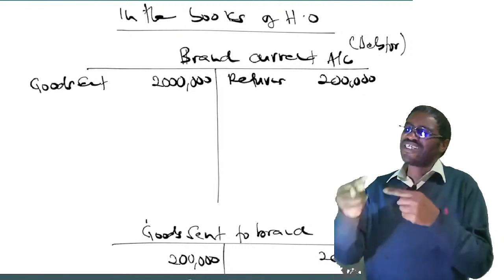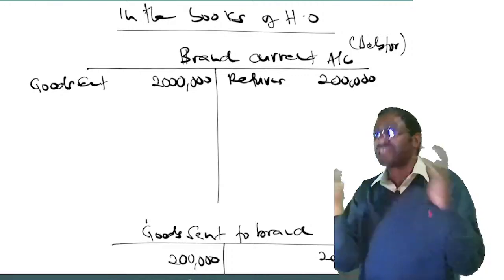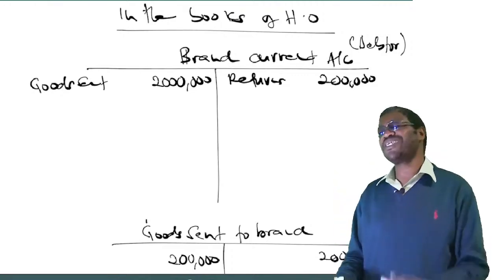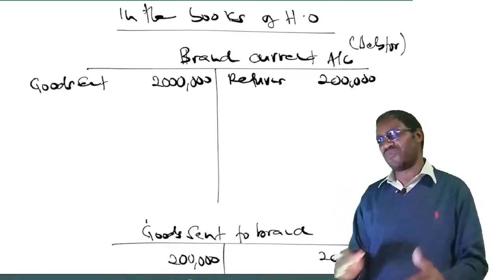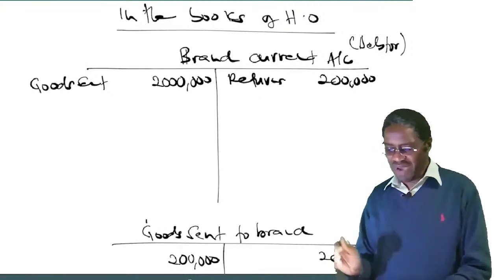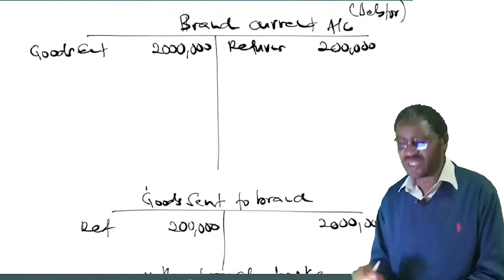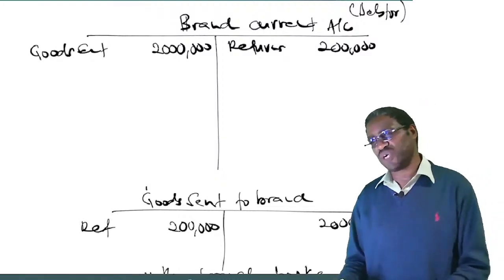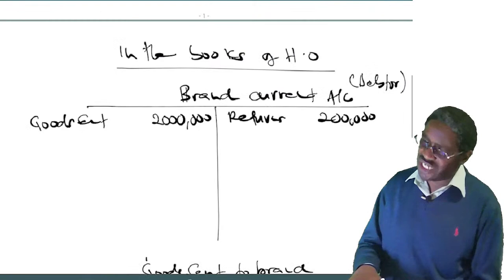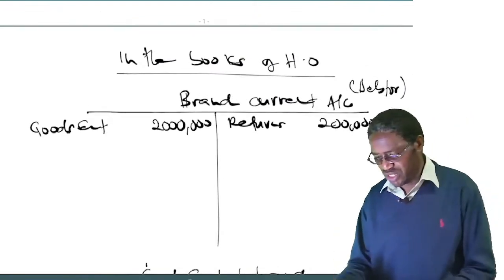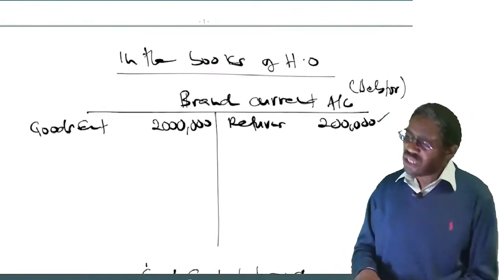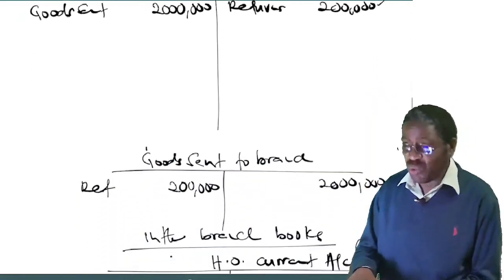Now that the branch is returning some of those goods for whatever reason, we are saying reverse that entry. How? By debiting goods sent to branch and crediting branch current account. That's number two.